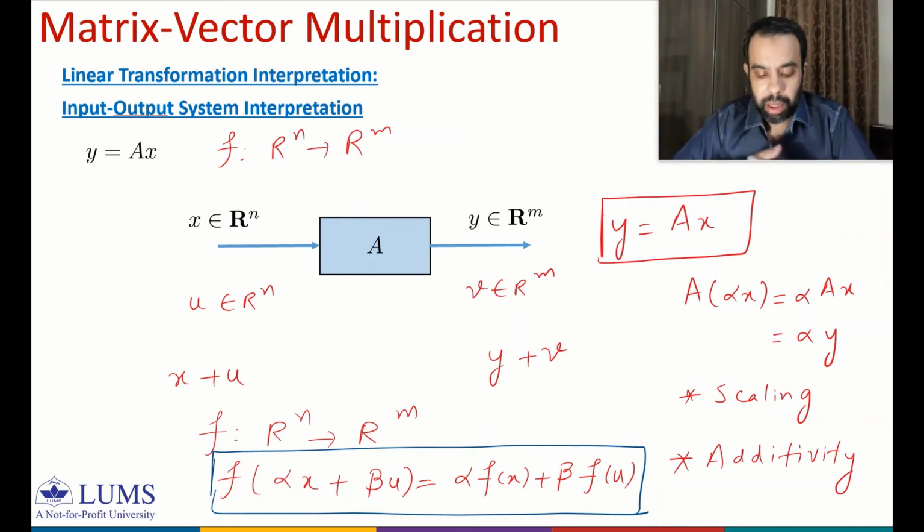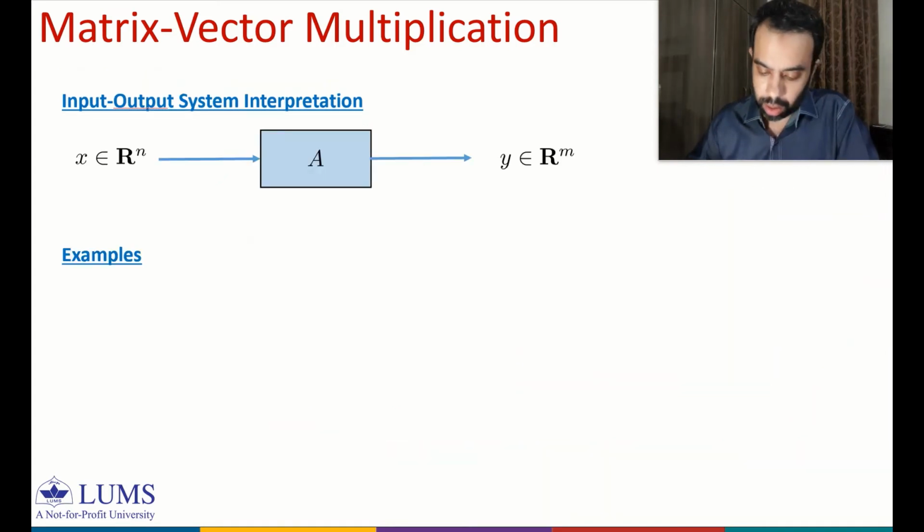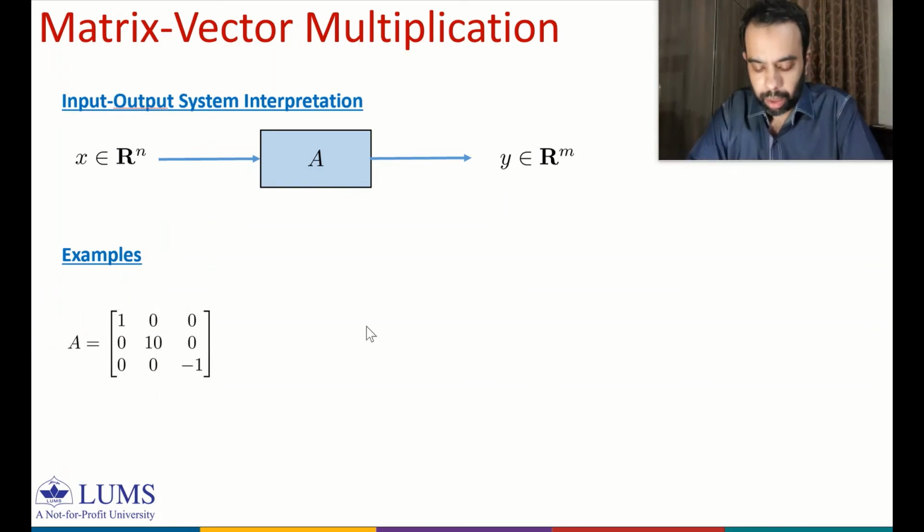So this is the interpretation of a matrix vector product as input output system, or as linear transformation. Let's take a couple of examples to understand this input output system interpretation. Let me take one example. Say I take this as a matrix A. So what is n and what is m here?